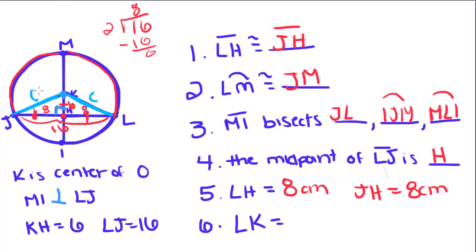So in order to find out what LK and JK equal, we're going to use our Pythagorean theorem, because these are right triangles.